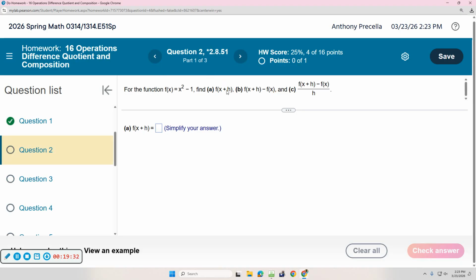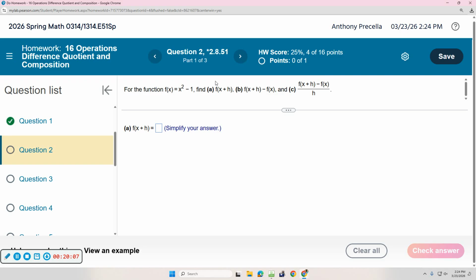So, first thing we'll do, let's find f of x plus h. This is part A. They want us to find f of x plus h. That says go to your function f, and wherever you see a variable, replace it with what's in the parentheses.